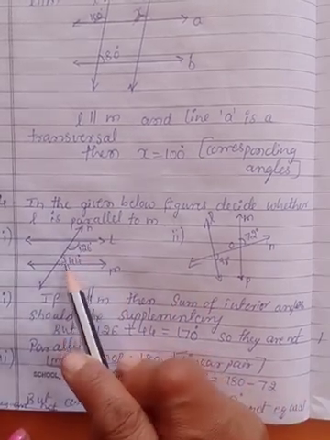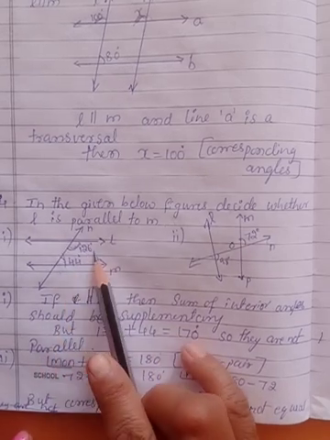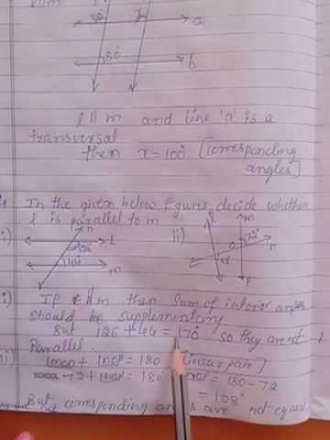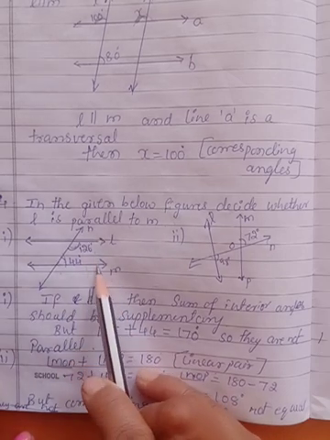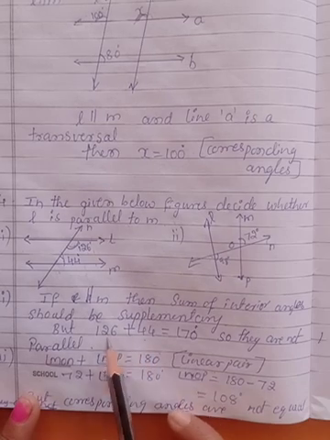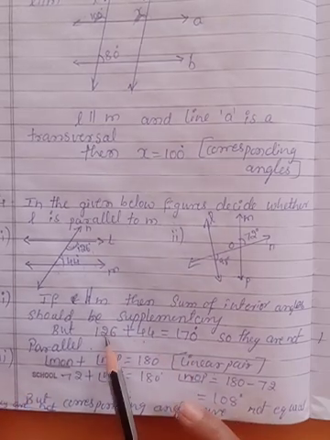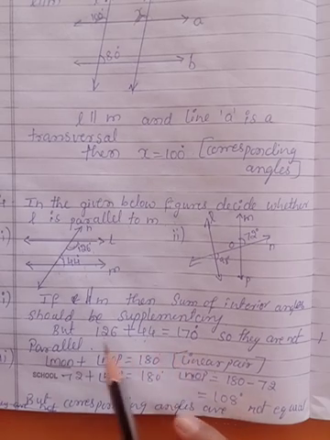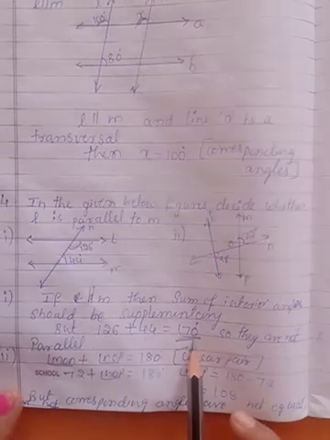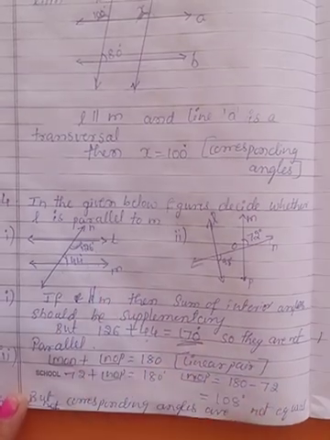Here, the sum of the interior angles on the same side of a transversal is given. You should add it. If you get 180, then these lines are parallel. If you are not getting 180, then they are not parallel. Let us add 126 plus 44: 6 plus 4 is 10, 1 carry, 4 plus 2 is 6, plus 1 is 7. 170 we are getting. So, it is not supplementary. So, L is not parallel to M.